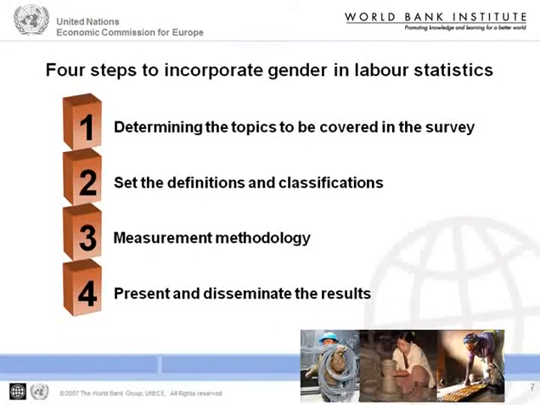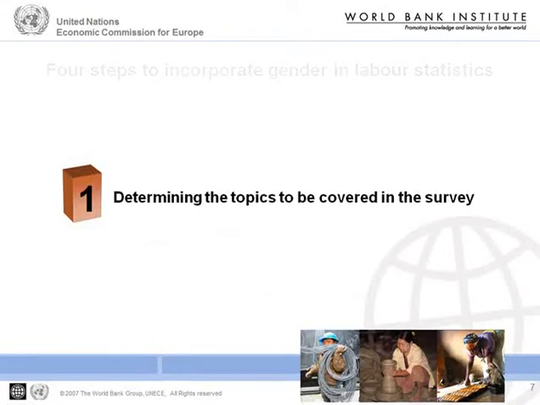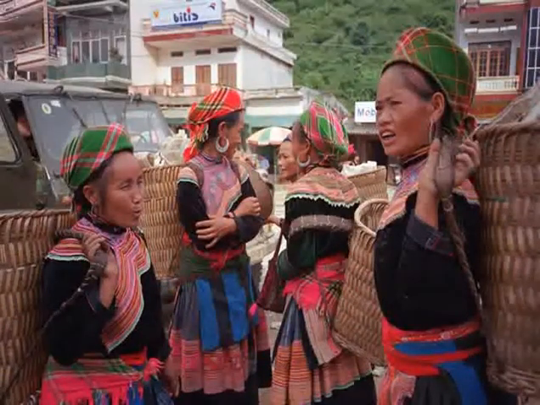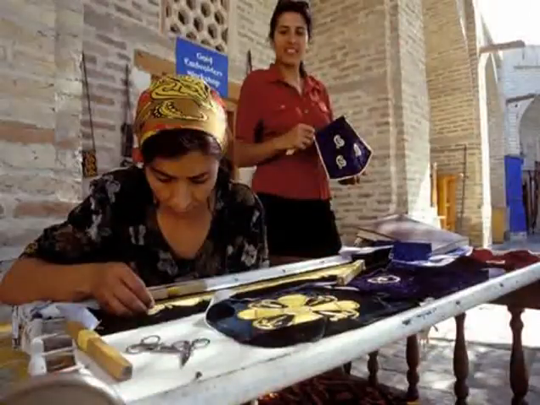After our brief overview of the 4 steps, we can now go on and explore each of the 4 steps in more detail. Let us start with the first step, which is at the very core of how gender data is generated and analysed. As we will show in this presentation, disaggregate labour statistics by sex can only be a beginning.